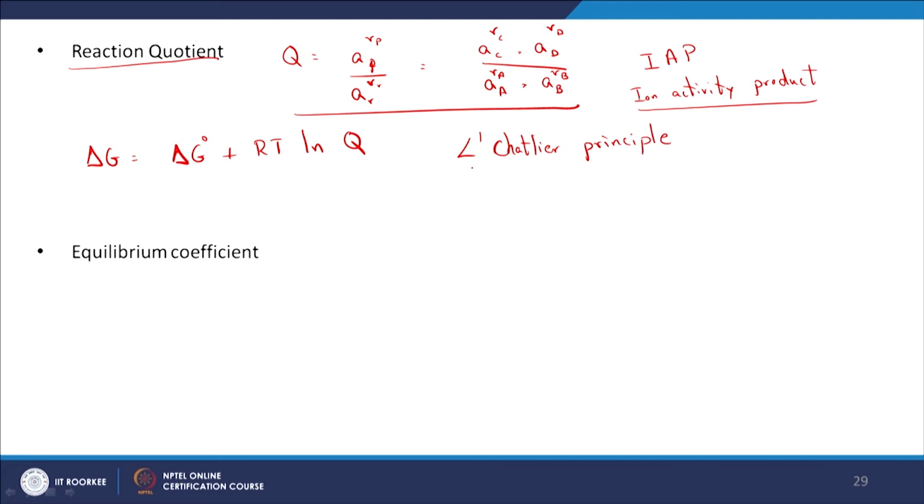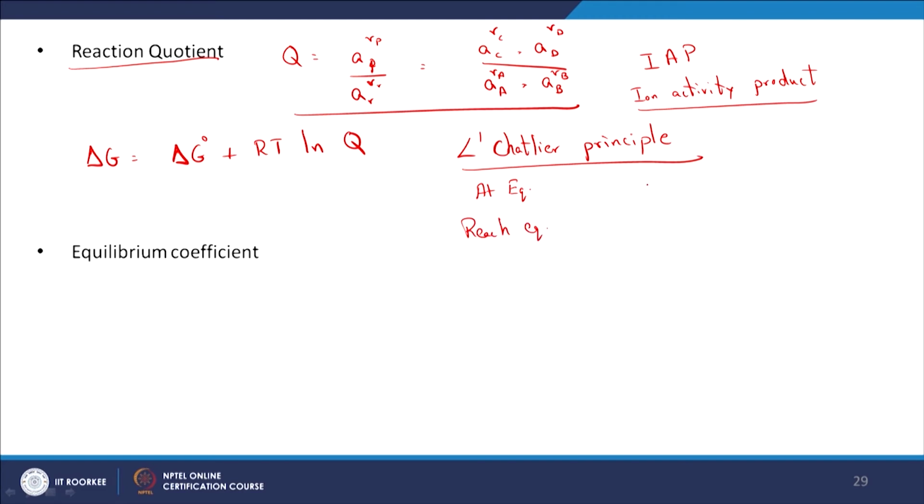What does this mean? It says that if a system at equilibrium is disturbed or perturbed in any manner, it will move or travel, I am using layman's terms again, in such a way as to again reach equilibrium.